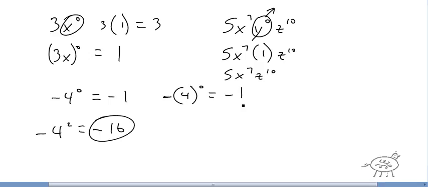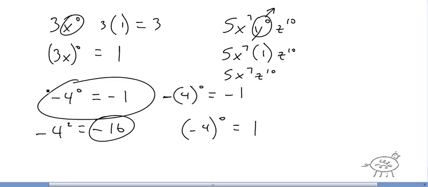So you have to be careful. Negatives are a little tricky. Okay, because if there are parentheses around the negative, so if it looks like this, that is saying, okay, now everything is going to the 0 power. That's 1. But if it's like the first one I did here, it's just saying that 4 is raised to the 0 power, and then you take the negative of it.